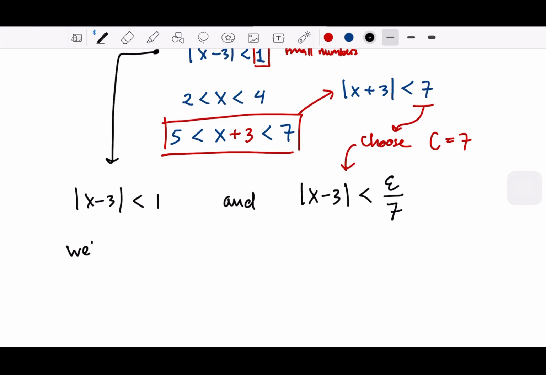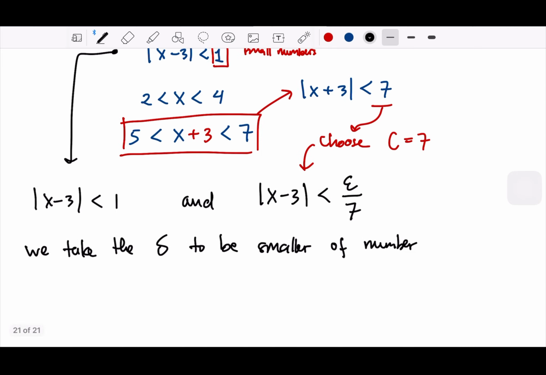So we take the delta to be smaller of the number 1 and epsilon over 7.